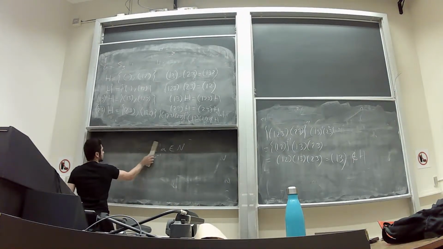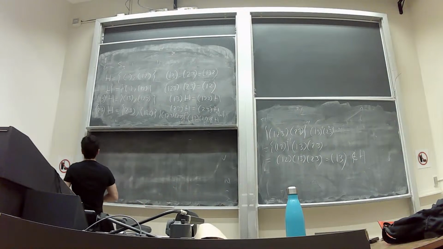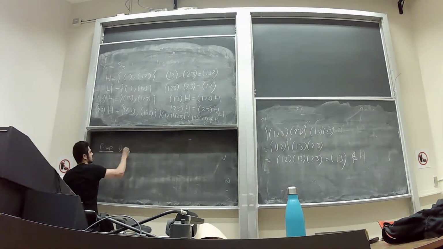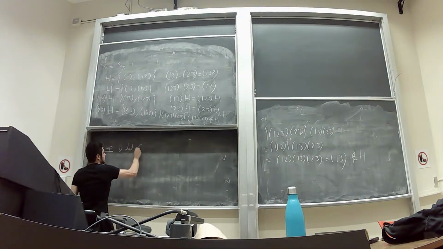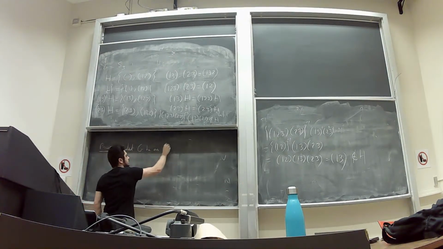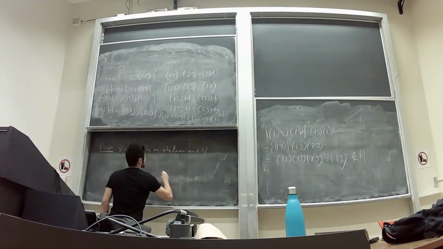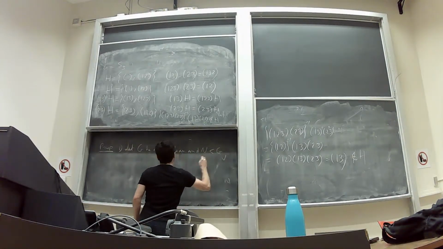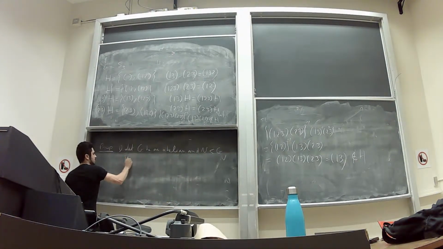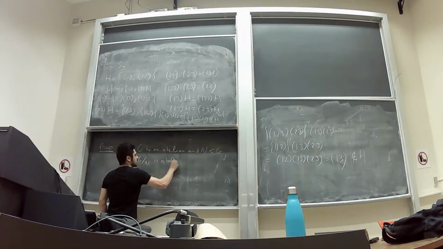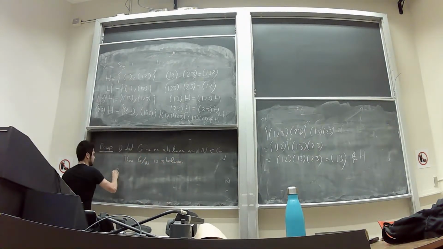Now let's give an example of a normal subgroup. Or let's give some properties. I'll prove that proposition. One: if G is an Abelian group and N a subgroup of G, then G mod N is Abelian.